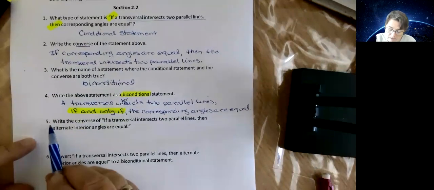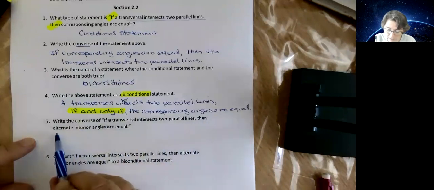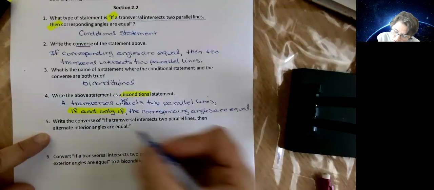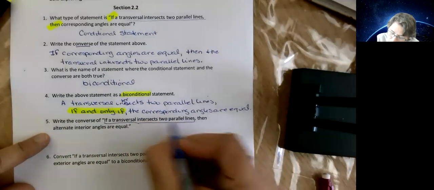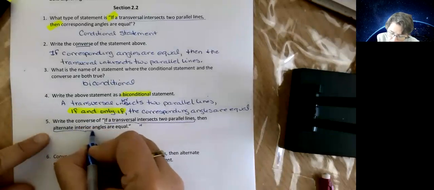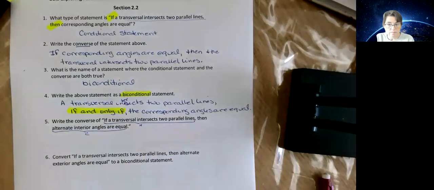All right, write the converse of: if a transversal intersects 2 parallel lines, then alternate interior angles are equal. Okay, so that's my hypothesis. This is my conclusion. Sometimes they call it the P and the Q. You just flip them around.